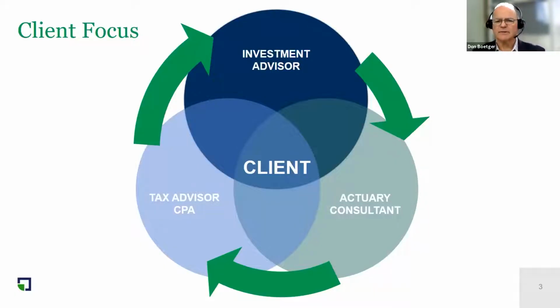All three of us are working together to satisfy the client's needs. And it's real important up front to work together. And it's real important at the end to work together. And in the middle, there's a little bit of ongoing communication back and forth.